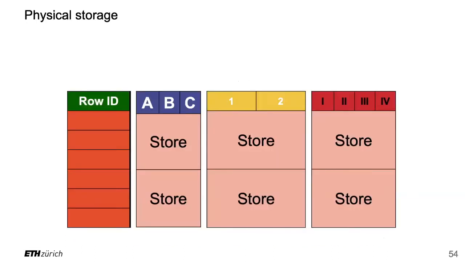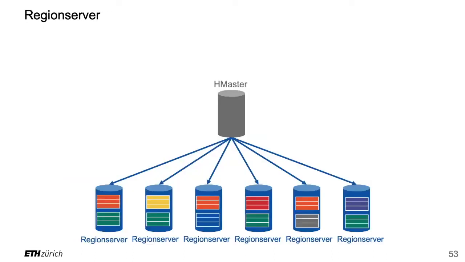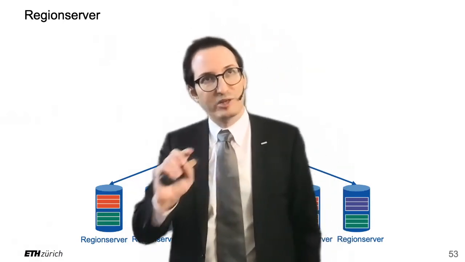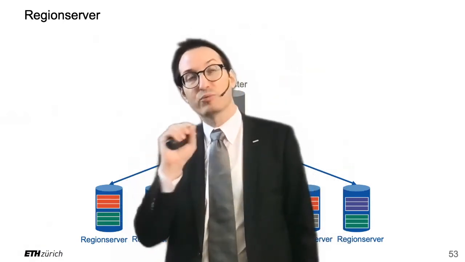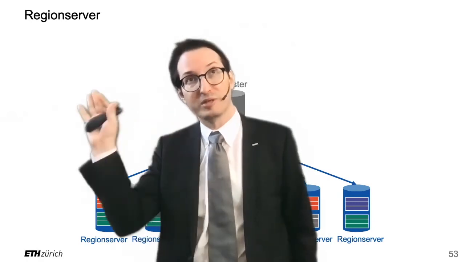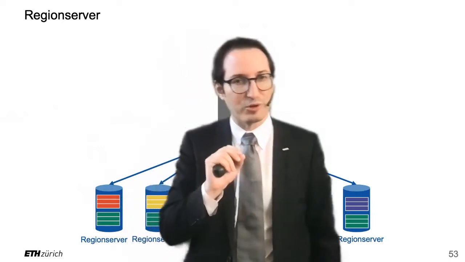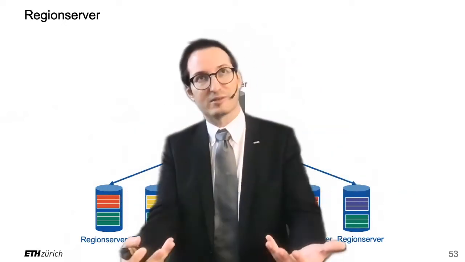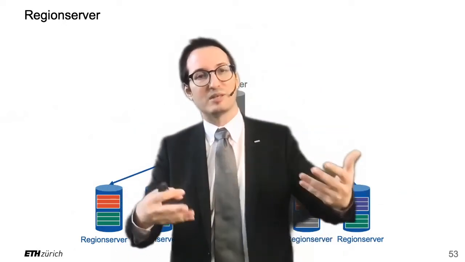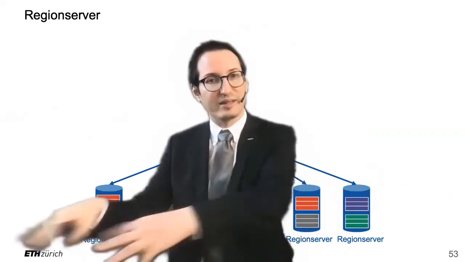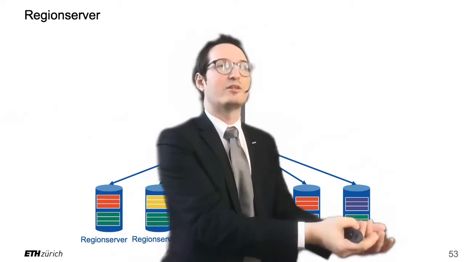Okay, now let's look at the region server. I'm going to say something else that is very important to understand. A region server is not responsible for storing data. That's HDFS. We are going to see it's all stored in HDFS. So it's not responsible for the persistency. It's responsible for serving requests, meaning that if a user comes and says, I want the data for that region, then the region server is responsible for taking that data from HDFS and serving it to the client.